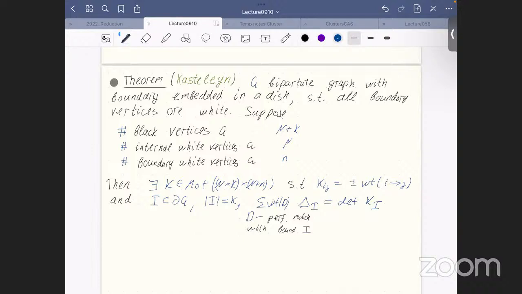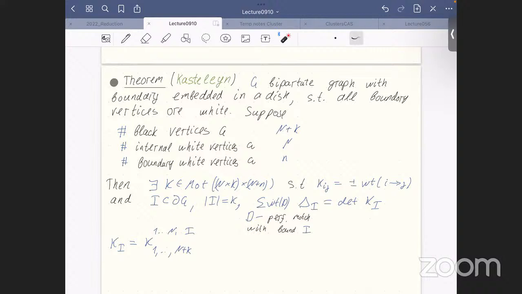And K_I is a submatrix of the matrix K, which has all rows and columns labeled by the chosen sets. So K is a matrix of size n plus k times capital N plus small n.